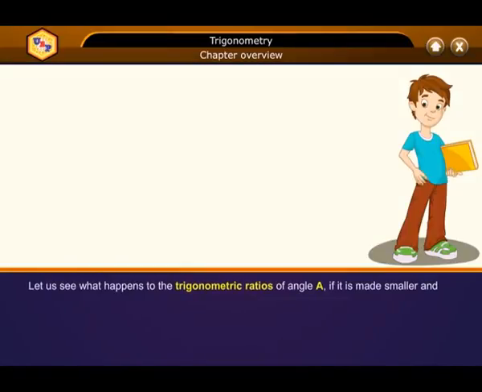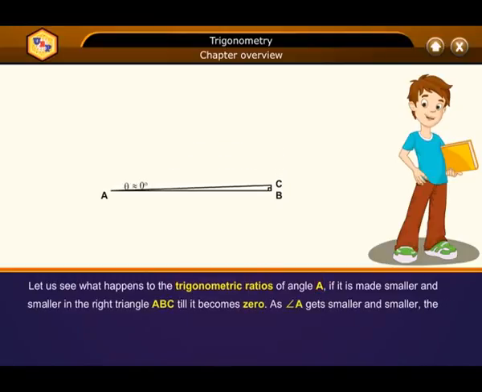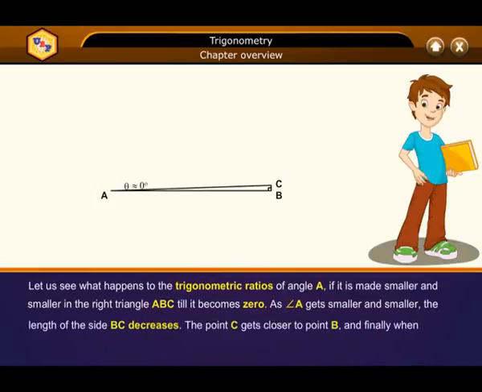Let's see what happens to the trigonometric ratios of angle A if it is made smaller and smaller in the right triangle ABC till it becomes 0. As angle A gets smaller and smaller, the length of the side BC decreases. The point C gets closer to point B, and finally, when angle A becomes very close to 0 degrees, AC becomes almost the same as AB.